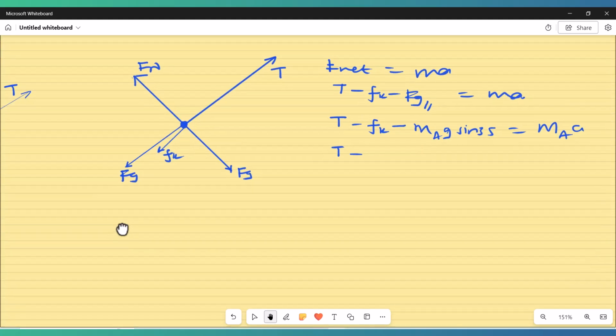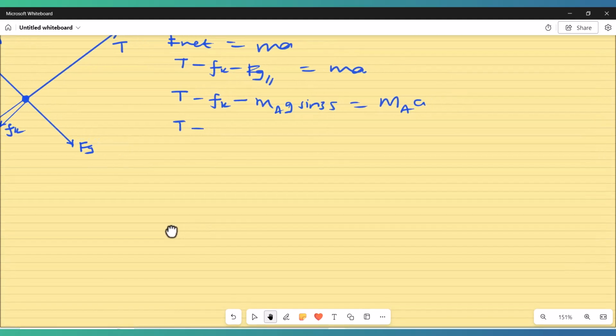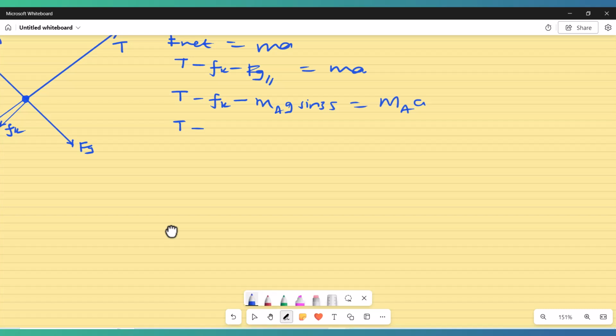So here our tension T, minus the frictional force, which is 5,88, minus the mass 4, gravity 9,8, sine 35, then equals ma, where the mass is 4 and acceleration is 2.